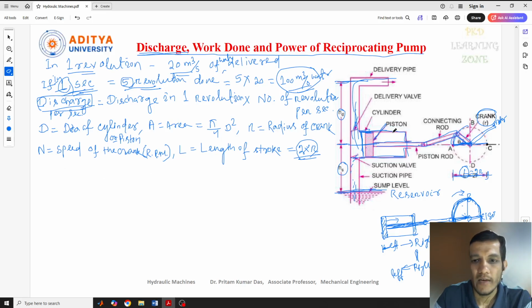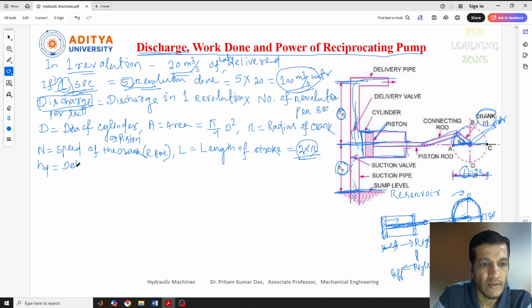Along with that we have Hs and Hd. As I already told you, Hs is the height from the axis of the cylinder, the center point of the cylinder, to the surface of the reservoir or sump level, and Hd is the height from the center point to the delivery point, the delivery height.